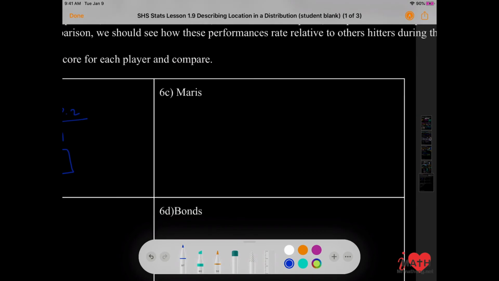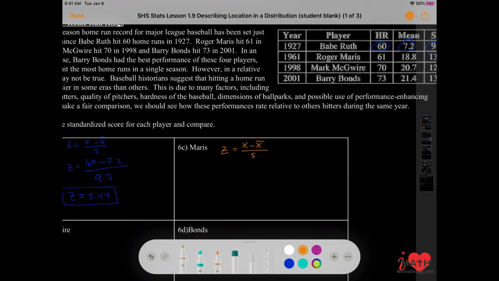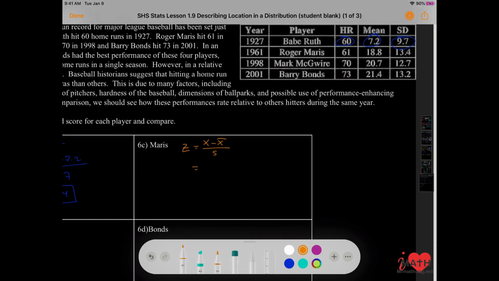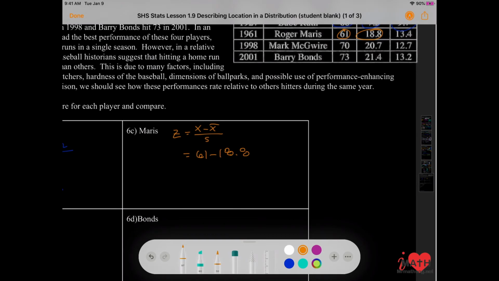All right, let's try Maris. Again, write down the formula every time. The number minus the mean over the standard deviation. So Maris had 61 home runs. The average was 18.8. Again, this chart right here is super helpful because I gave you all the numbers. You just have to subtract them. But that won't always be the case.